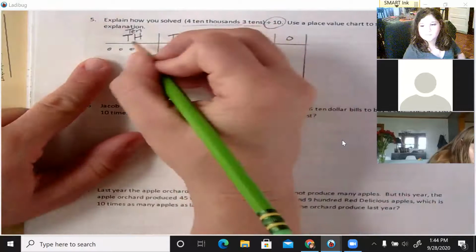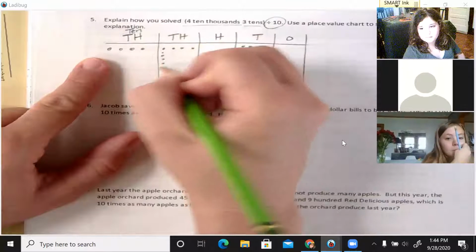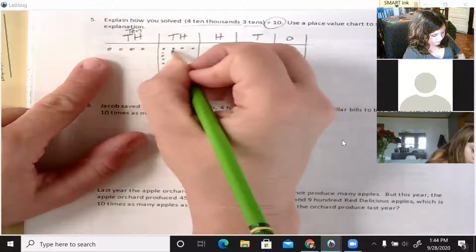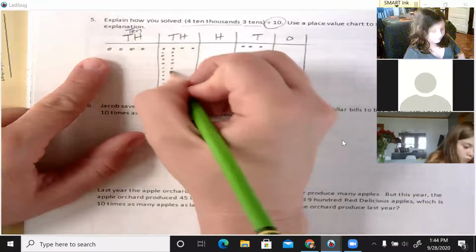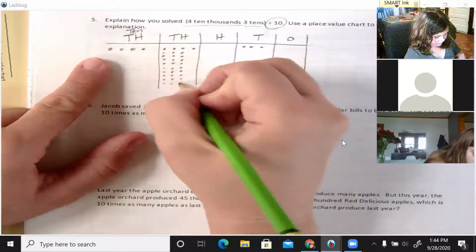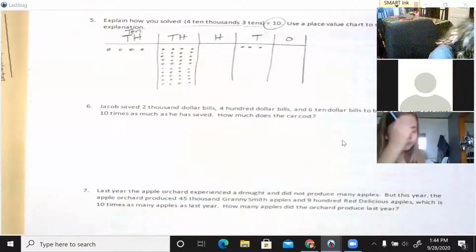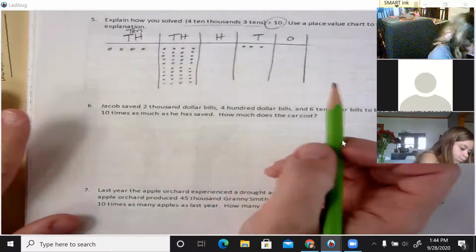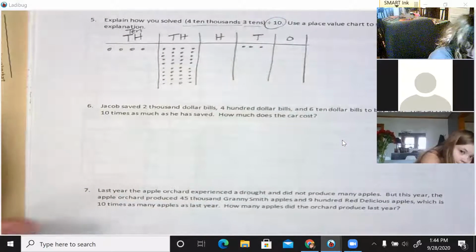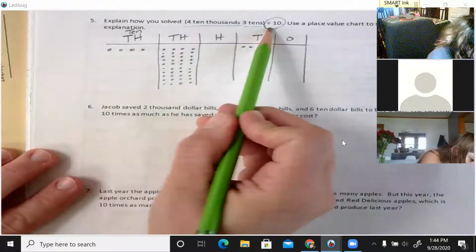So now we're going to move to the thousands place, put our 4 thousands and unbundle them. After you've unbundled them, we're going to put them in what types of groups? We're going to put them in 10 equal groups.